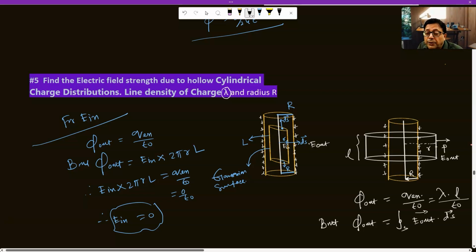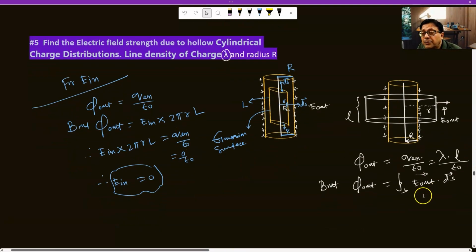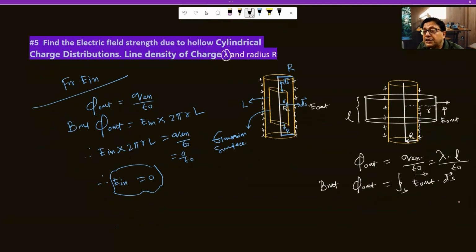So phi out, by this calculation, E out dot ds is constant here. So it will be E out ds cos 0 degree, the way you did before. E out is constant, and this surface area will be 2 pi RL. Am I clear? Now compare these two phi outs.